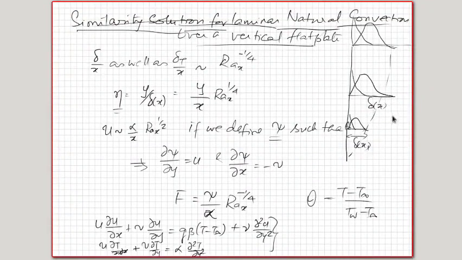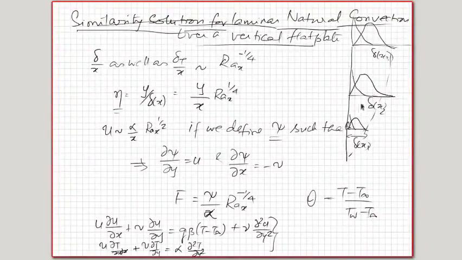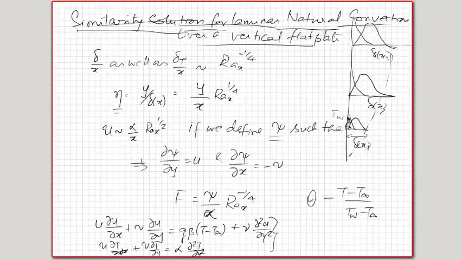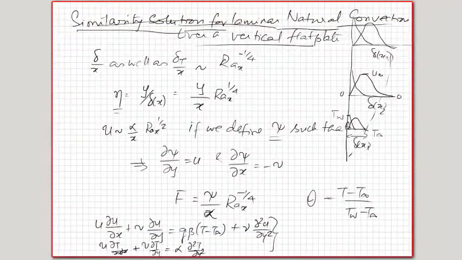So this is at x1, let us say, this is at x2, and this is delta at x3. Then the whole profile will only get scaled by this. So that is the meaning. So these profiles are self-similar. This wall is T wall, the temperature at the wall is T wall, and this is T infinity. And the velocity here is 0, as well as here is also 0, and here it goes to U max.